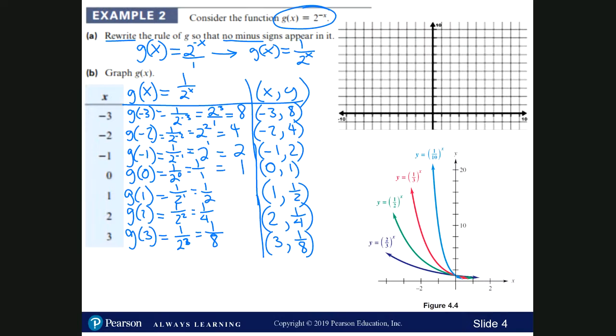Now it's important to notice that the y-intercept is actually the same, 0, 1. So let's start from there. That will be this point here. And let's graph this one. So negative 3, and it will be positive 8.